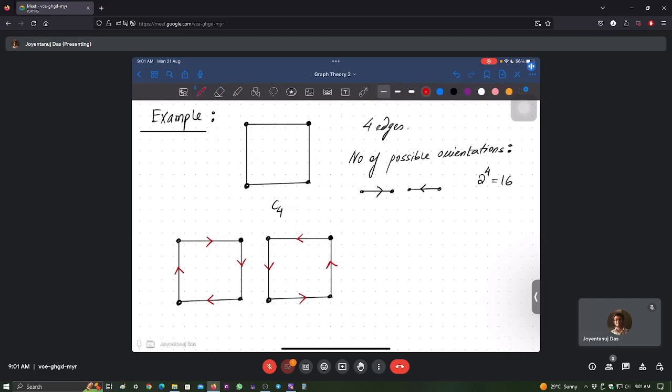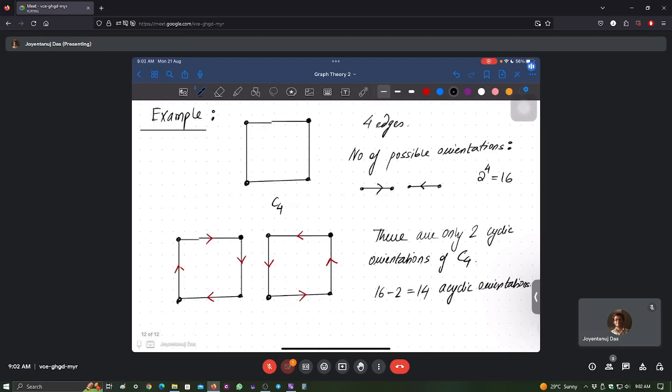Other than that, all the remaining orientations are acyclic. So there are only two cyclic orientations of C4, and the remaining 16 minus 2 is 14 acyclic orientations, right?